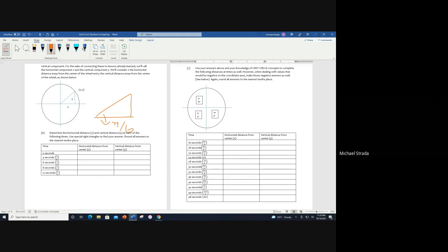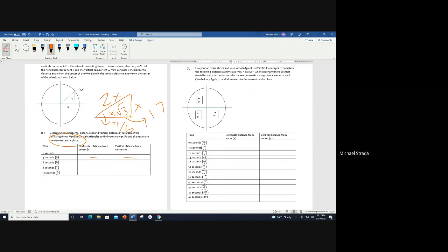Well, from special right triangles, there's x, there's 2x, and there's x root 3. So you're going to use special right triangles to get both the horizontal distance here and the vertical distance there. Notice it says to round, so we're not going to leave it in terms of root 3. We're going to estimate that. So whatever you get, root 3 is approximately 1.7, but you can use a calculator to do that.